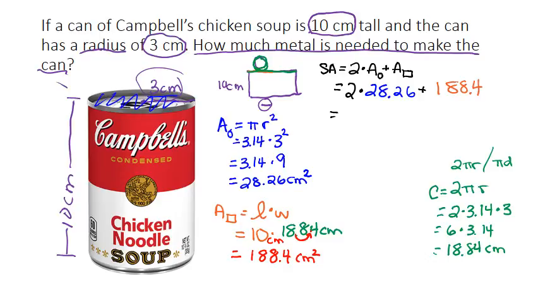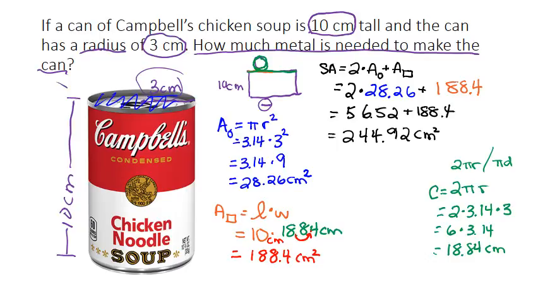So my first step is to multiply 2 times 28.26, which is equal to 56.52, plus 188.4 will give me 244.92 centimeters squared. And that is my final answer.